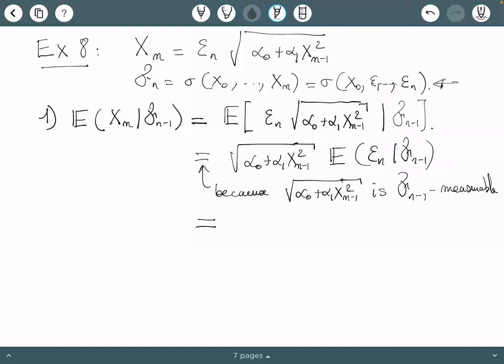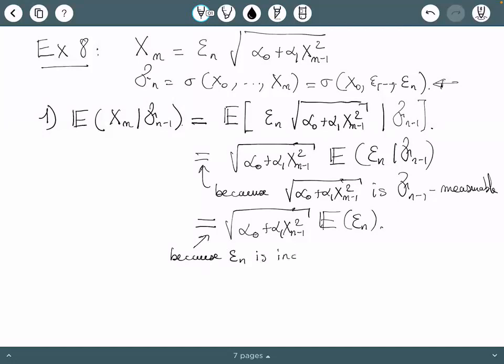So when you have the expectation of a random variable which is independent of the sigma field, this conditional expectation is constant and coincides with the expectation. So this is just square root of alpha 0 plus alpha 1 xn minus 1 square times the expectation of epsilon n, because epsilon n is independent of Fn minus 1.